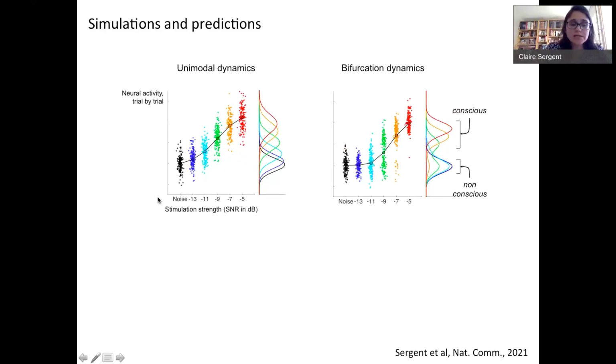One possibility is that some neural events will follow unimodal dynamics, meaning that when you increase stimulation strength, you will see across trials an increase in activity.